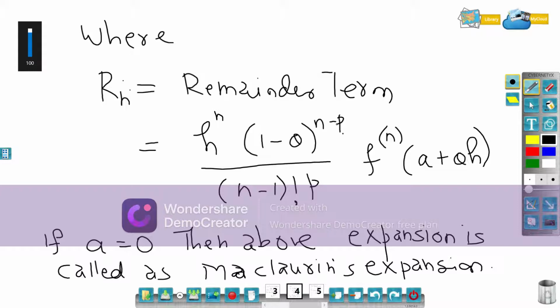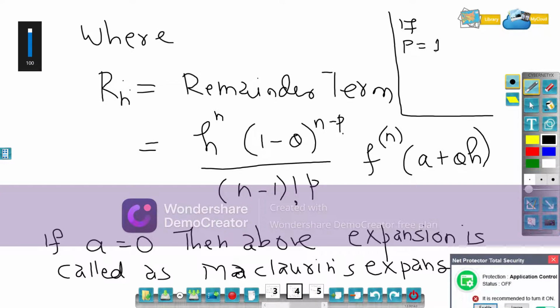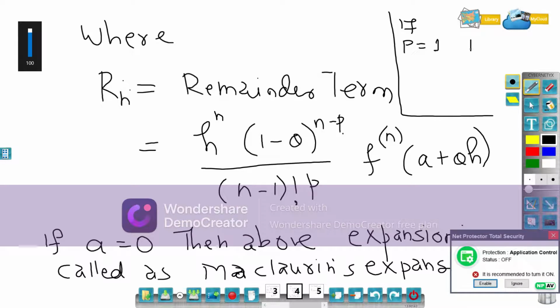If p is equal to 1, then Rn is called Cauchy remainder.